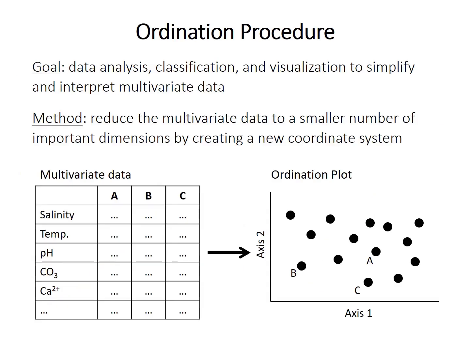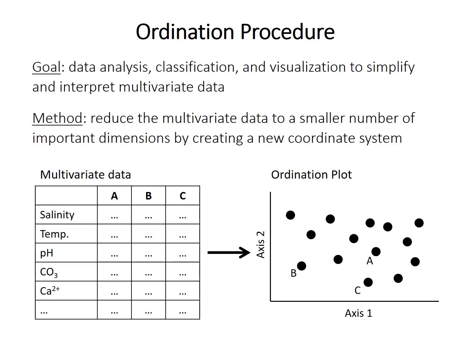So the goals of ordination are basically data analysis, classification, visualization, simplifying the data to aid in interpreting multivariate data, looking for gradients or patterns. I'll explain in more detail, but basically the method creates a new coordinate system by rotating the original data.